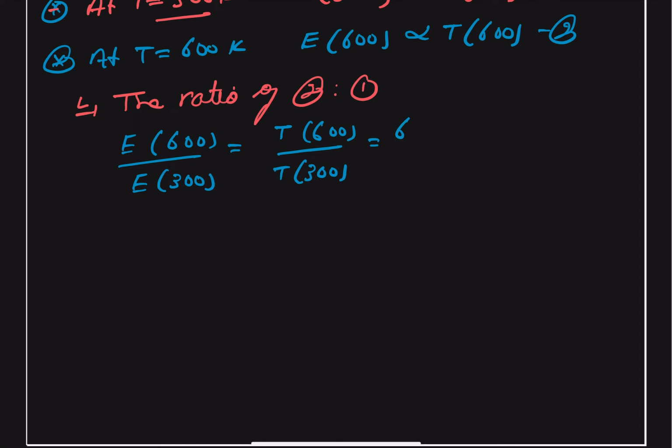We simply substitute 600 by 300, and this comes as 2.